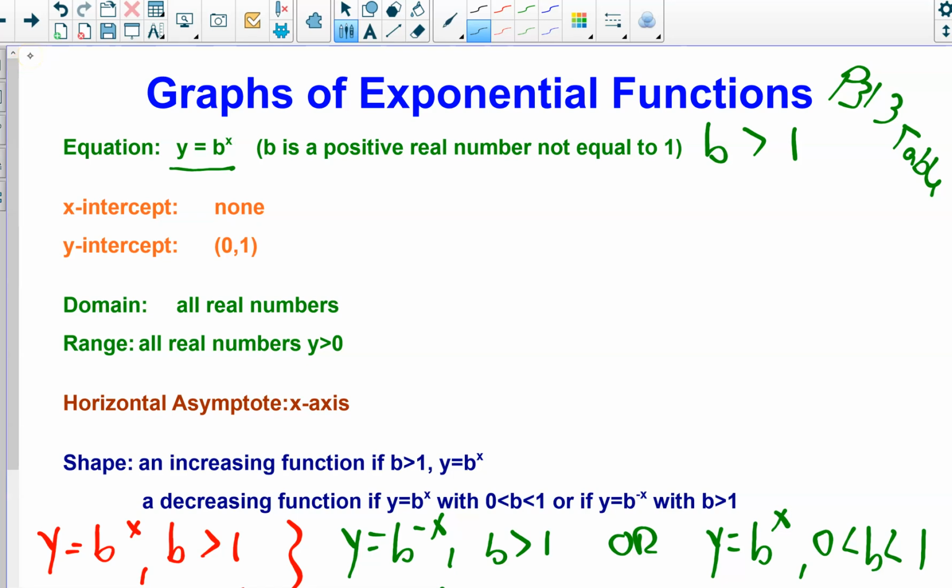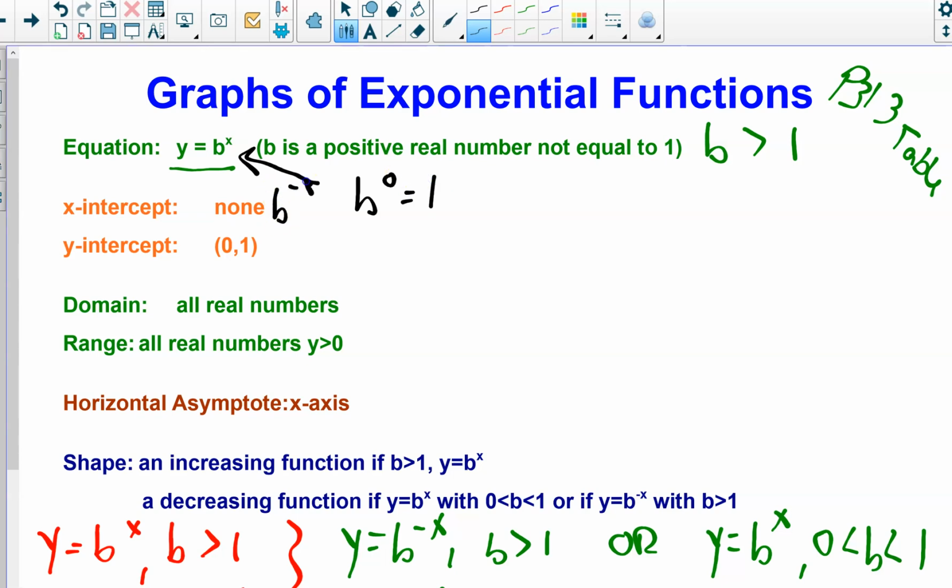So the x-intercept is going to be none. And y is that. And if we look at it up here, if I were going to put in something for x, no matter what I put in for x, a negative number would make the y a fraction. A 0 would make the y, so if I had b to the 0, that's just going to be 1.